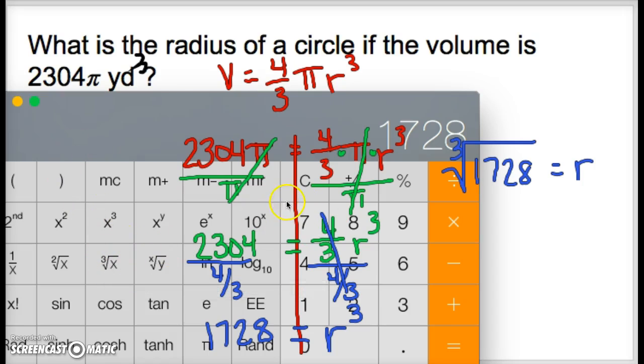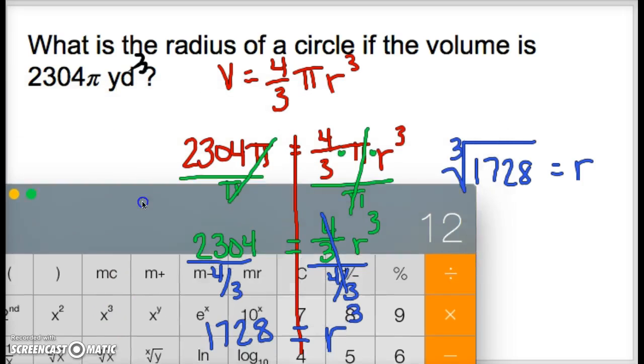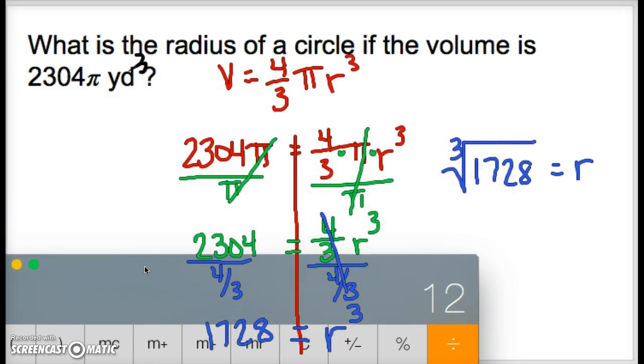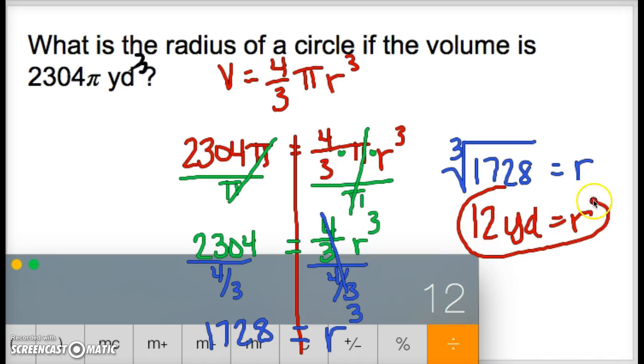So if I type in 1,728 and then hit that cube root button, it's going to give me my answer, which is 12. So the length of your radius is 12, and then it was measured in yards, so your radius is 12 yards.